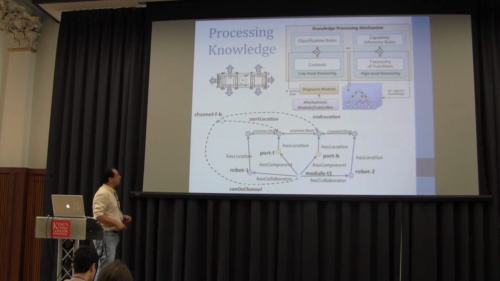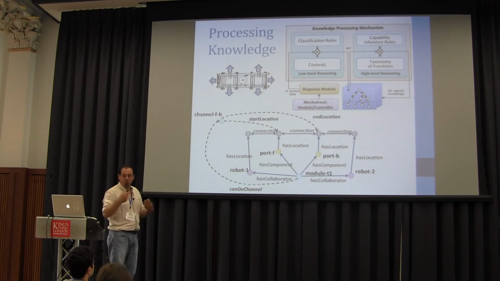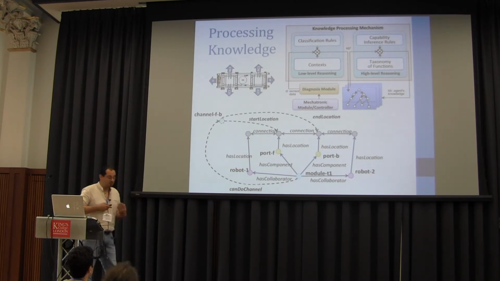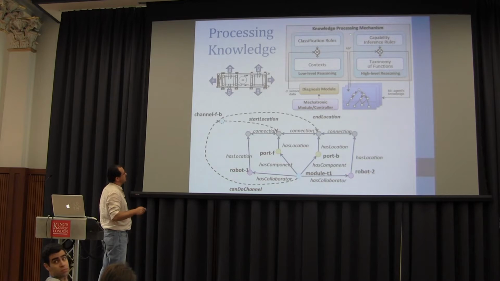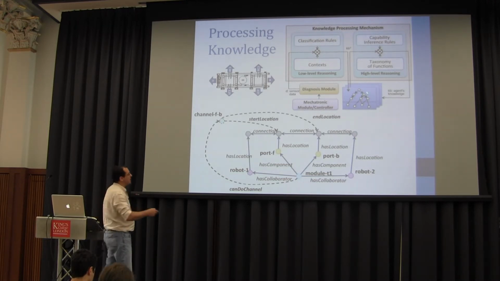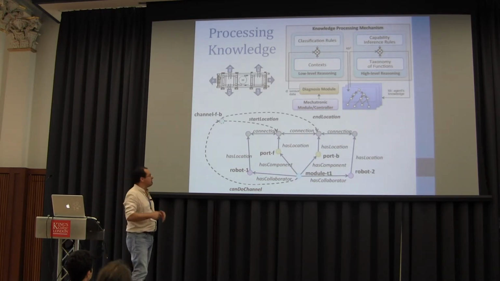Then, the contribution of this paper is the definition of a knowledge processing mechanism in order to update the knowledge base and infer such functionalities. The mechanism is implemented in two steps. The first step is basically exploiting the context information in order to capture the information generated by the diagnosis module in order to classify the information coming from the plant and build, let's say, the atomic representation of the component and environment.